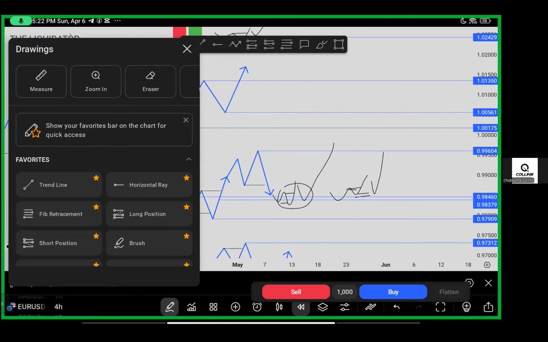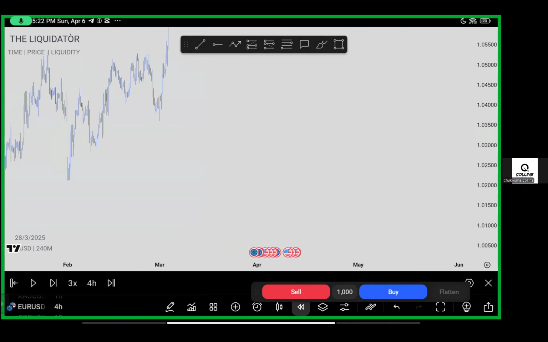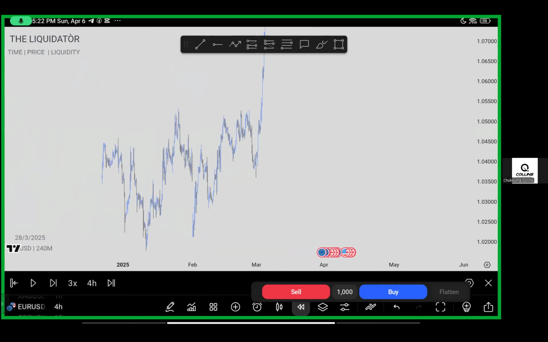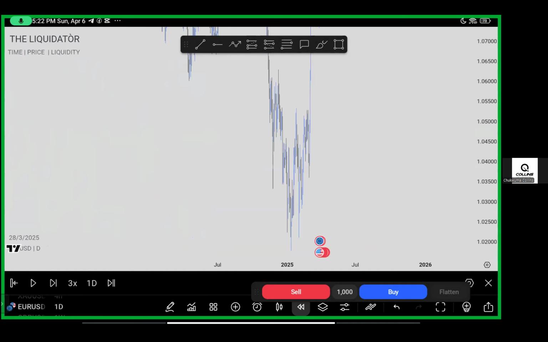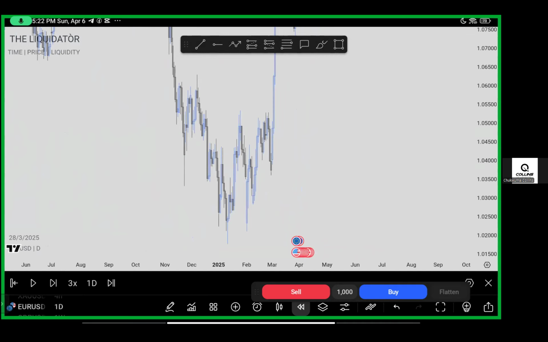Okay, so let me remove all of this. Now let's try and see a range on the 4-hour time frame. I gave you guys an example. I said if you are paying attention to the break of structures, you will know definitely where the inducements are on the market.